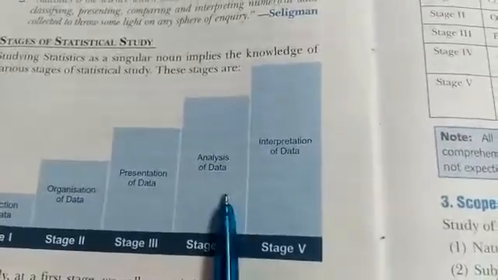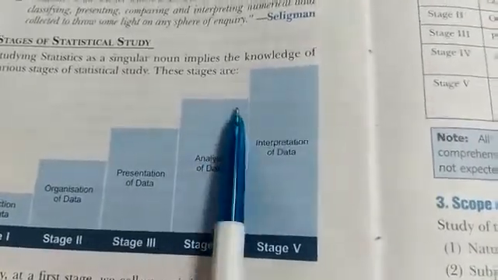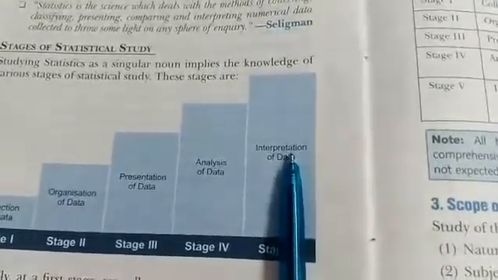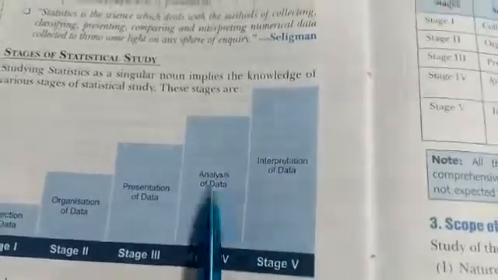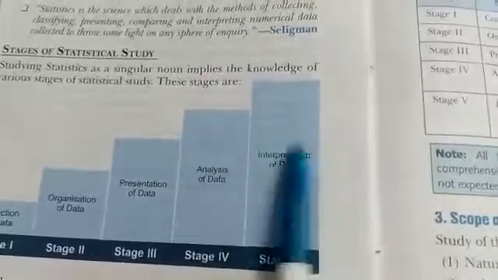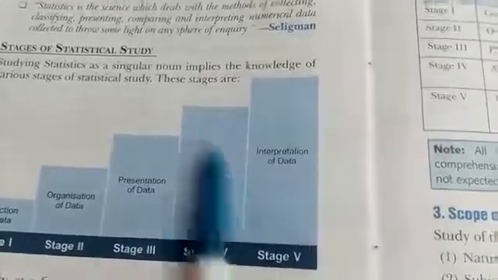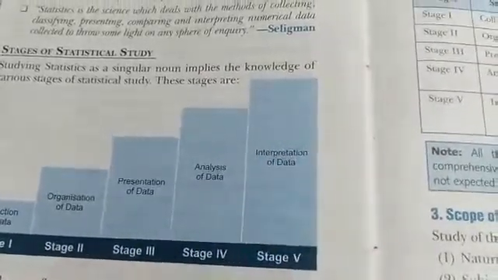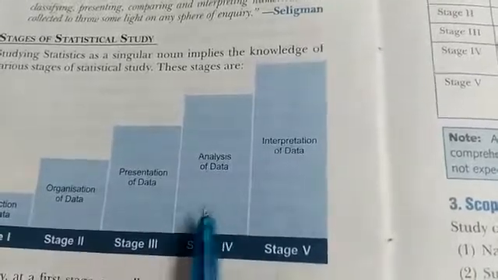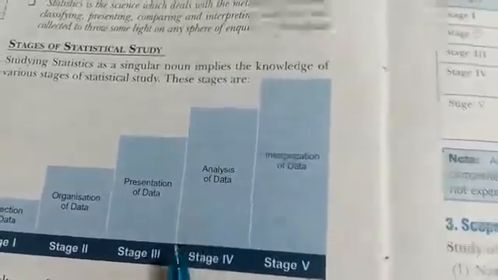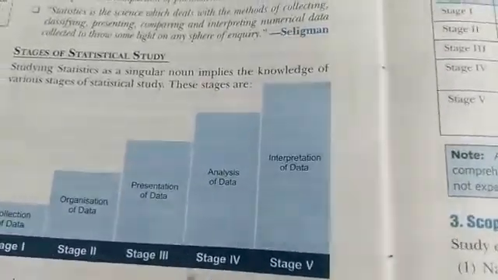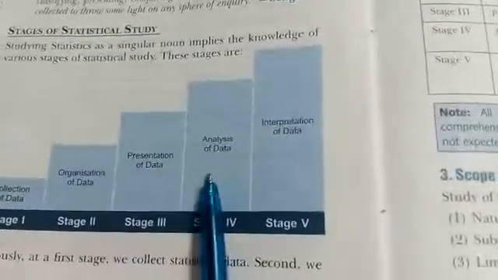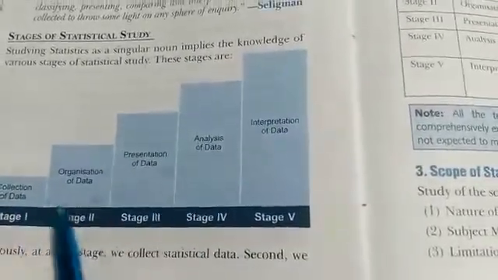Suppose this is the growth rate of this particular year and this is the growth rate of another year. Suppose this is our bar graph, so we can compare it by just observing the bar. And we mention the percentage change and all that over there only. I'll teach you everything. So analysis of data is the 4th stage.